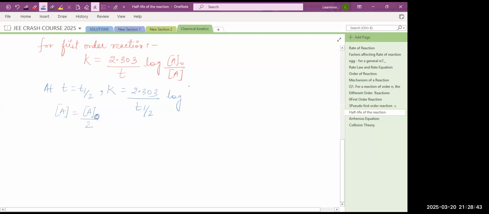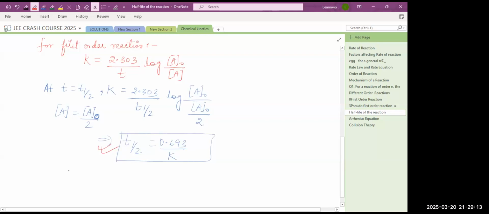So just substitute this value, A naught upon 2. When you calculate this, you will get the T half value to be 0.693 upon K. So this is for a first order reaction.